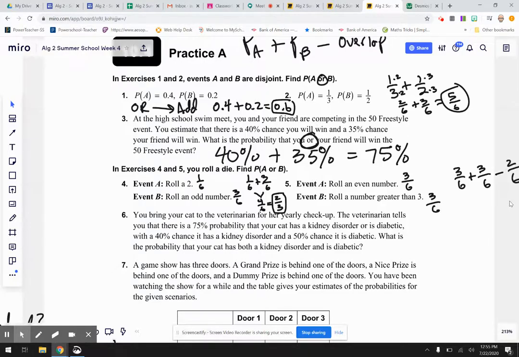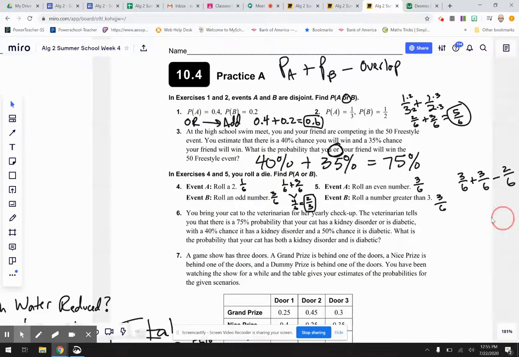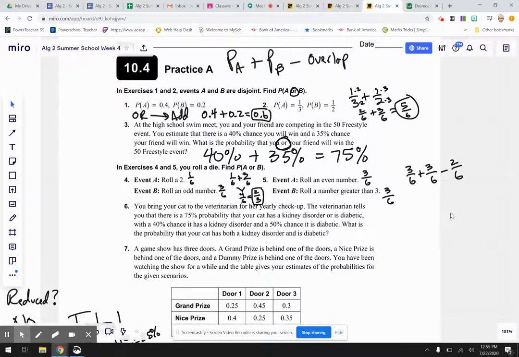This little piece right here is an overlap, because 4 and 6 are also even. So they would actually fit into both categories. They would be in the even category, and they would be in the greater than 3 category. So after you add them, you've got to subtract those 2 out, because you can't count them twice. So 3 plus 3 is 6, minus 2 is 4/6, which again reduces to 2/3.